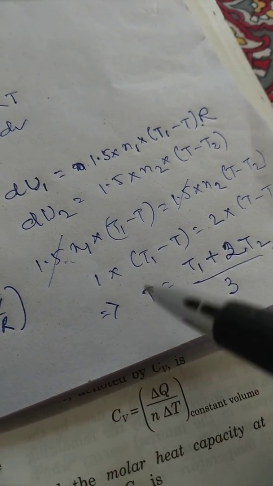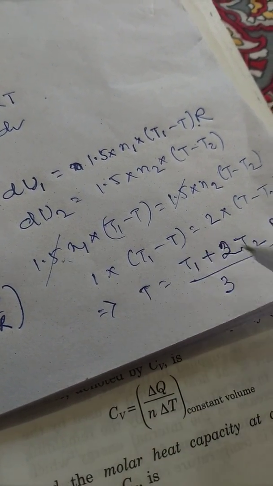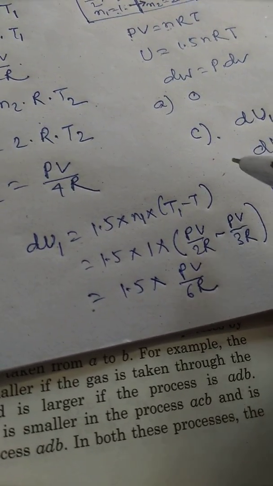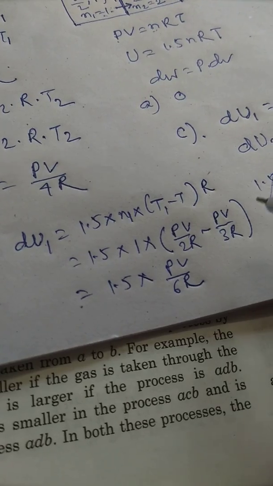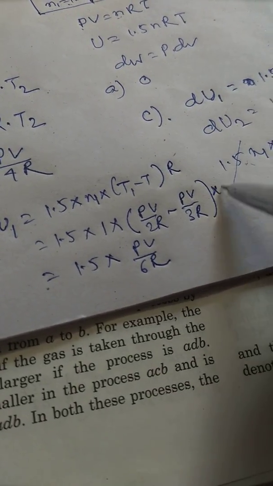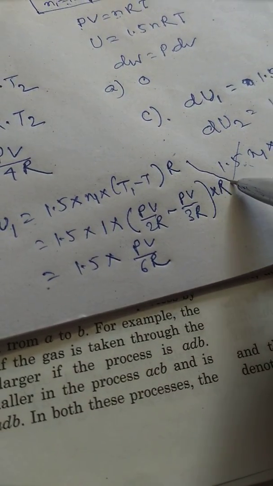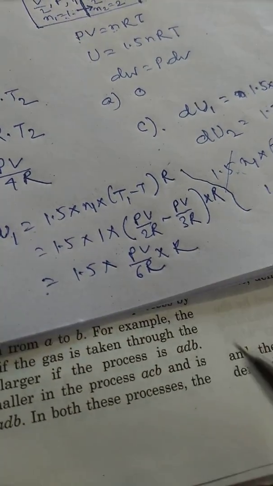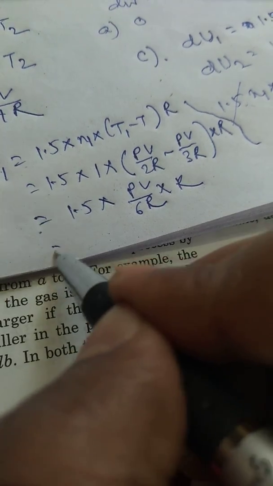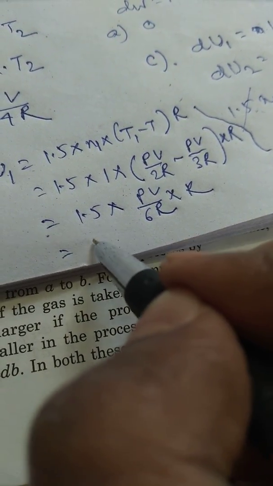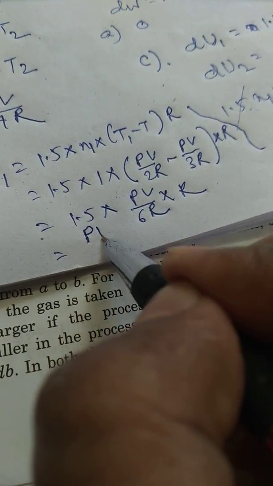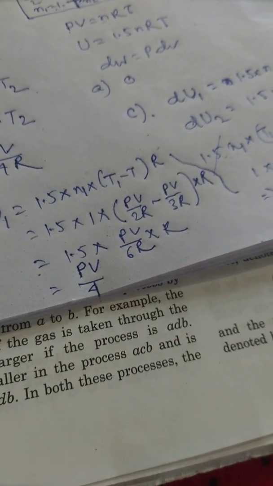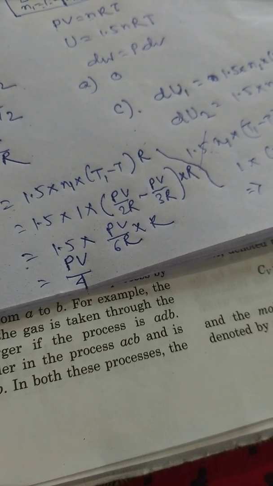So the answer for the C part will remain unaffected. But here for the D part, I have to write the R, right? So into R, so into another R. So the answer will be what? PV by 4. PV by 4 is the heat loss or the heat given to the right part.